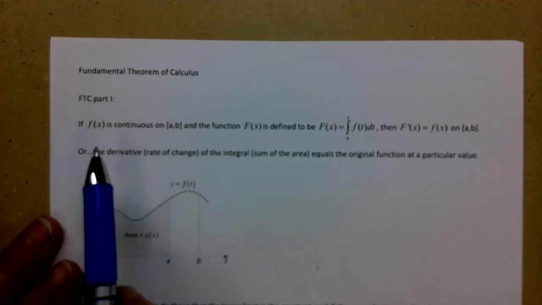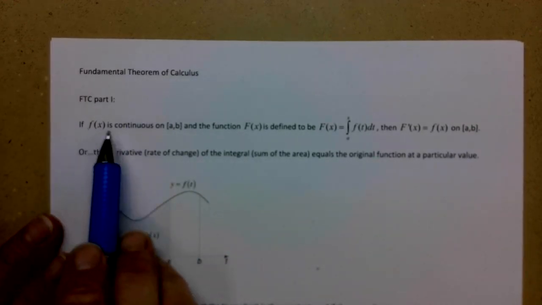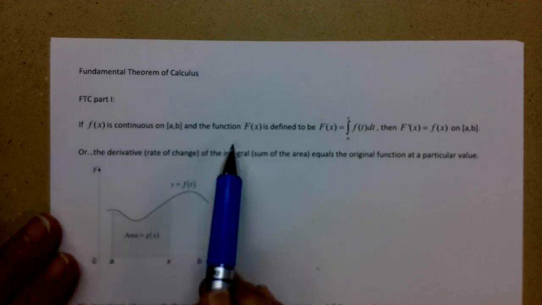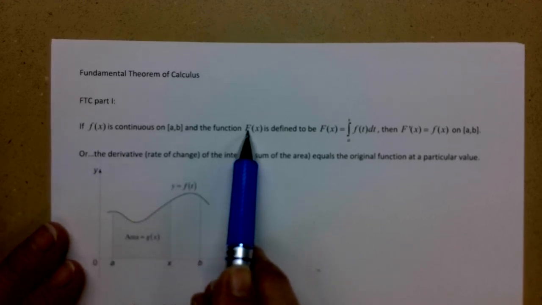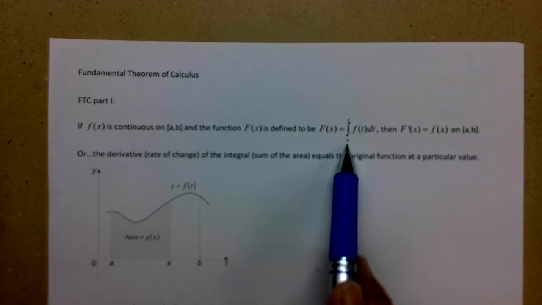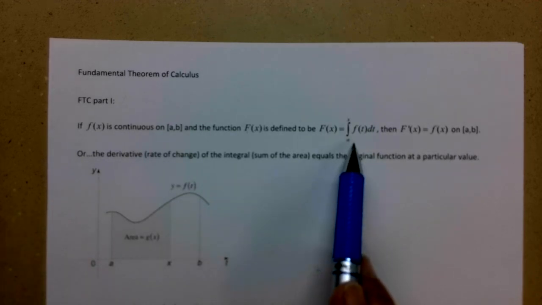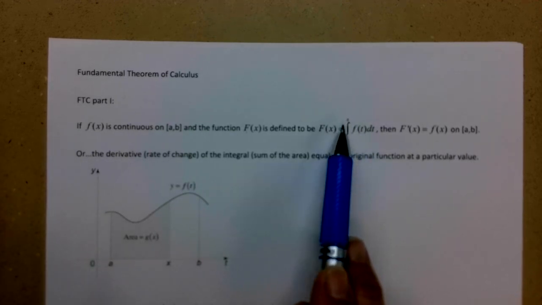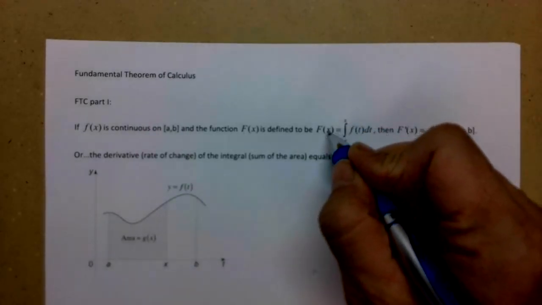Okay, so f of x, our little f is continuous on a chunk of x's, and then capital F of x is defined to be the antiderivative between a constant, a fixed value, up to a generic value of x, so that's what makes it a function of x.